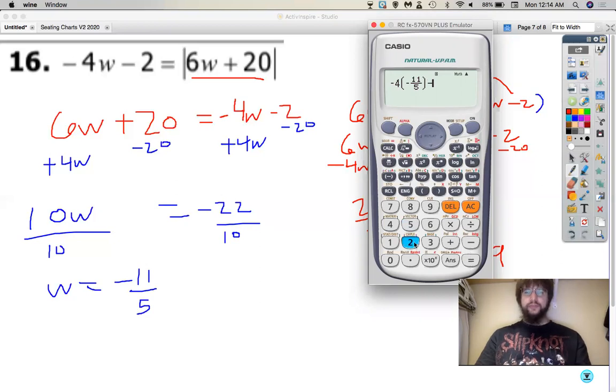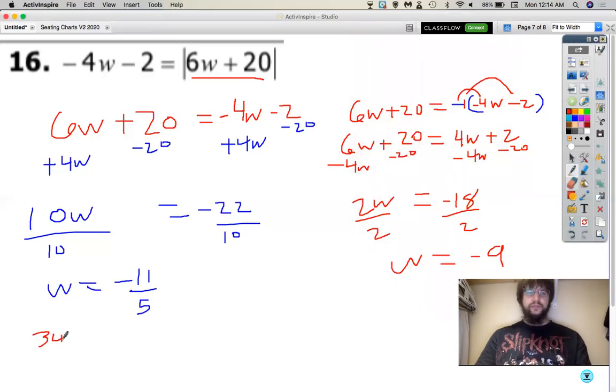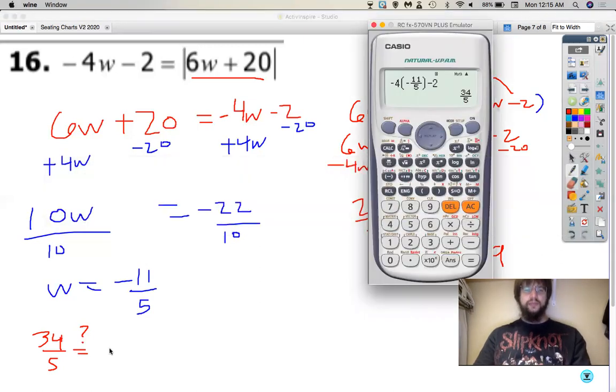Minus 2. And this gives me 34/5. And I'm going to see if that equals, I don't know yet, so I'm going to put a question mark, whatever this thing gives me.